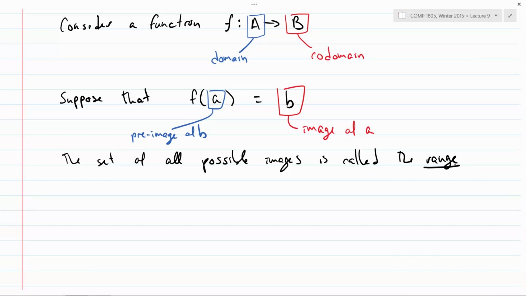So if you look at this in terms of the password example, the function that maps usernames to passwords, the codomain is the set of all valid passwords, but the range is the set of passwords that people actually have, right? Because there's lots more passwords that are valid than people actually have. Is that distinction clear? Because that trips up a lot of people, and it's important to understand that. Okay.